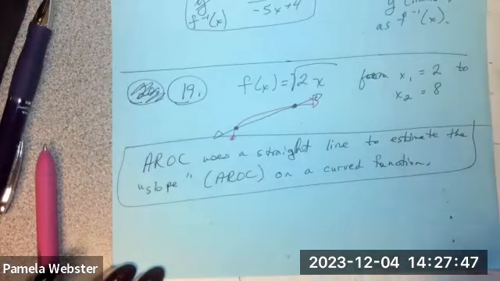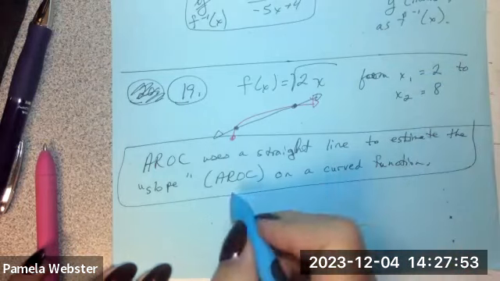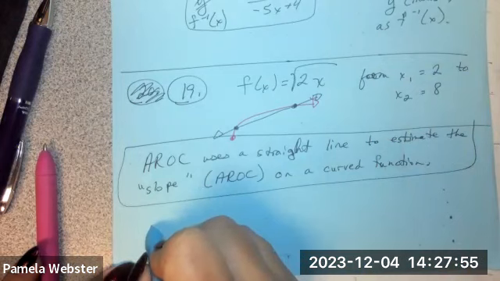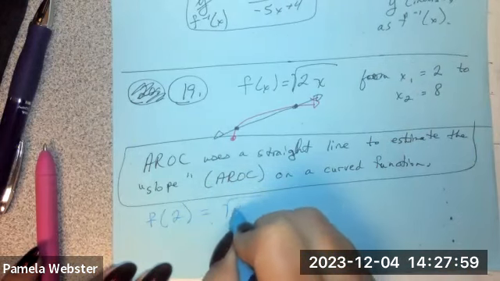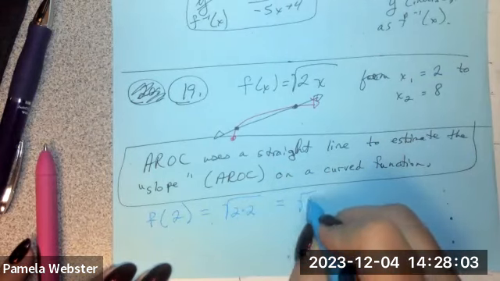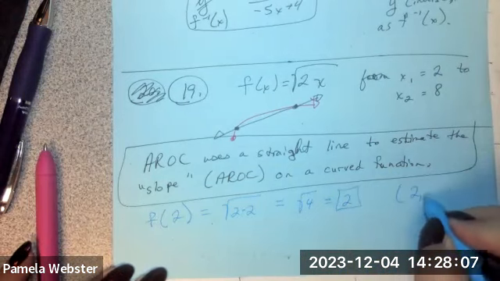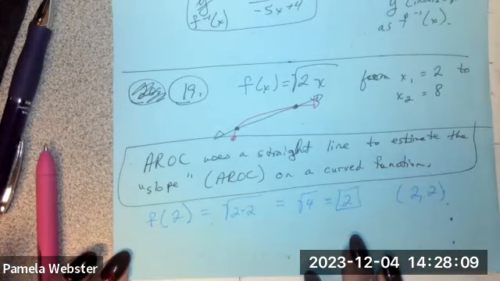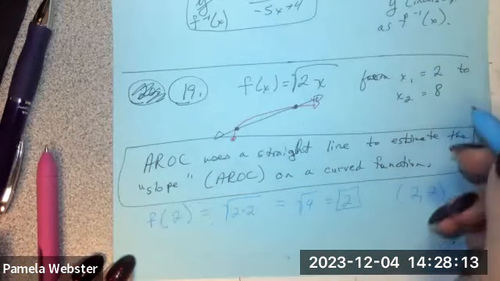So basically, we used x1 equals 2, x2 equals 8 when we plugged those in. So the functional value for 2 is going to be the square root of 2 times 2, square root of 4, which we all know is 2. So this point is (2, 2).